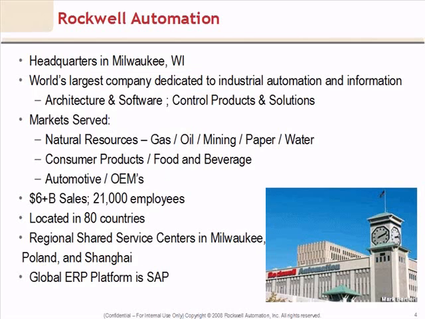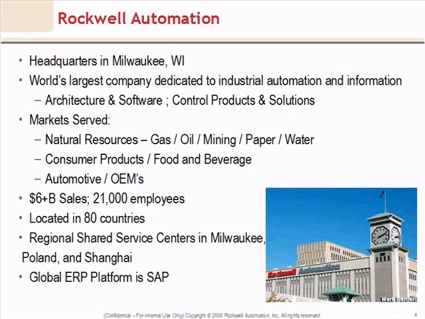Rockwell Automation, as mentioned, is headquartered in Milwaukee, Wisconsin, and we're the world's largest company dedicated to industrial automation and information systems. We have two key business components, the architecture and software division, and the control products and solutions division. Some of our markets served are heavy natural resources and heavy industry for gas, oil, mining, paper, etc. We also play in the consumer products area, food and beverage, also work with the automotive industry as well as OEMs.